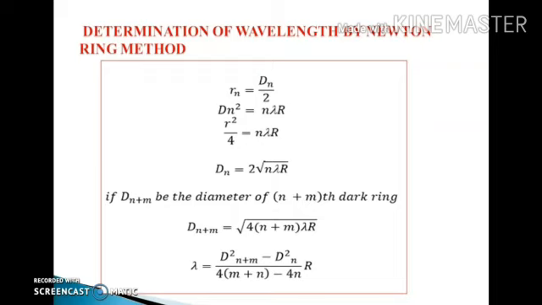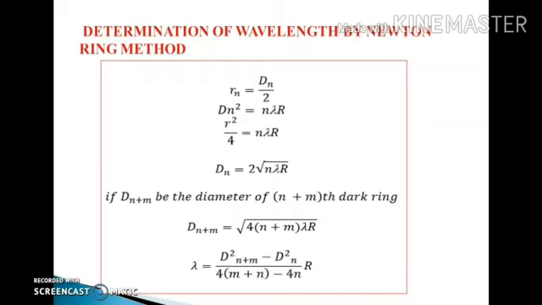Now, by using both these values, by taking the square of dn plus m and dn, and then by subtracting these two equations, we can easily get the value of lambda.